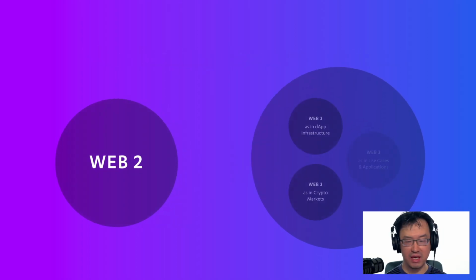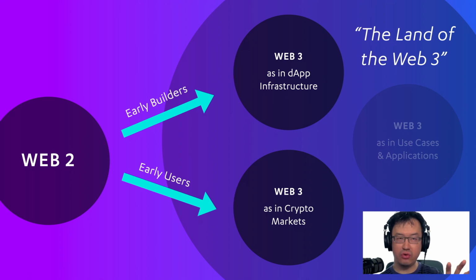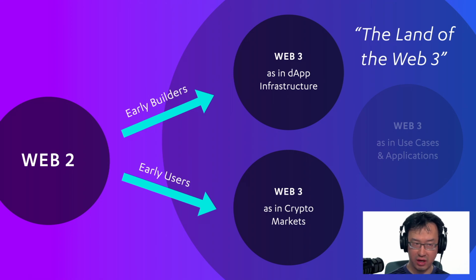So what we have seen thus far, as an initial set of the movement, is that two groups of people have already moved from Web 2 to Web 3, not in great numbers, but enough for this to be significant and worth looking into. The first one is obviously the crypto people.